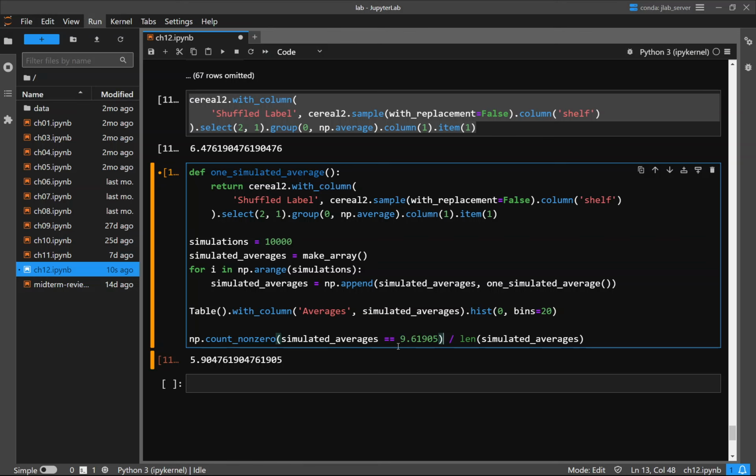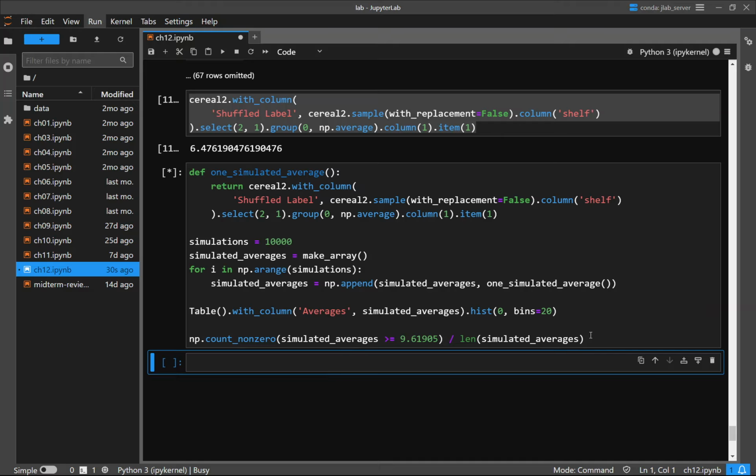So how often did we see a value like this or even more extreme in the direction of the alternative hypothesis, so greater than or equal to, okay? If we do this, it'll take a little bit because 10,000 is still a big number for table shufflings. But let's see what happens, and we'll get back a p-value as well as a histogram.